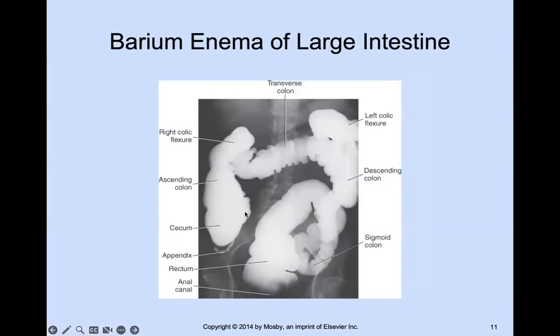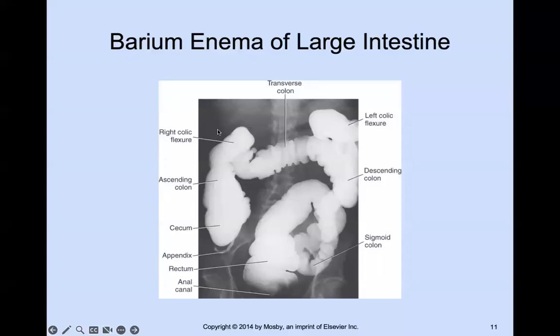And so this is an image of a barium enema, single contrast, so no air. And we can see the ascending colon, transverse colon, and descending colon. We also have flexures. Okay, so we have a right flexure and a left flexure. They're called the right colic flexure, left colic flexure, or they're going to be called also the right hepatic flexure and the left splenic flexure.